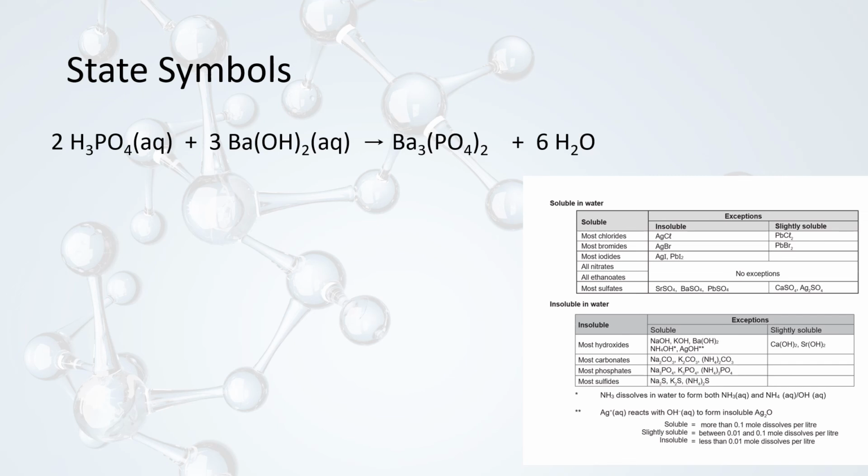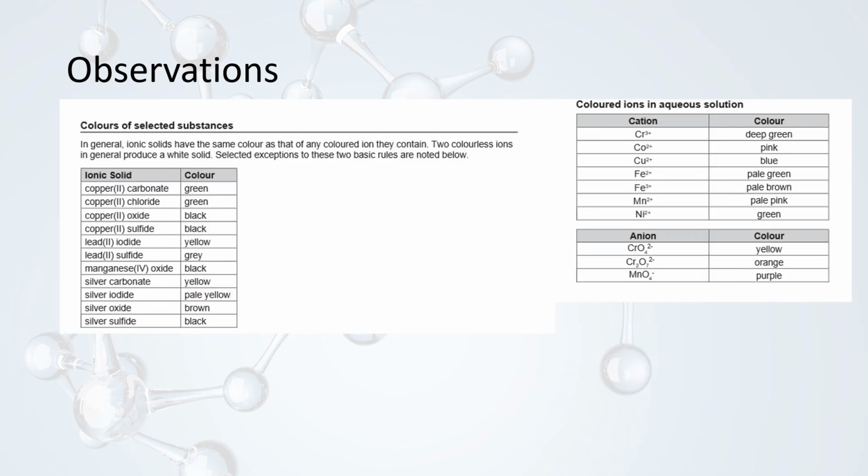Now we need to actually work out our state symbols. So we look at phosphates, and phosphates are in the insoluble in water table, and most phosphates are insoluble. So this is a solid and water is a liquid. Checking the colours.